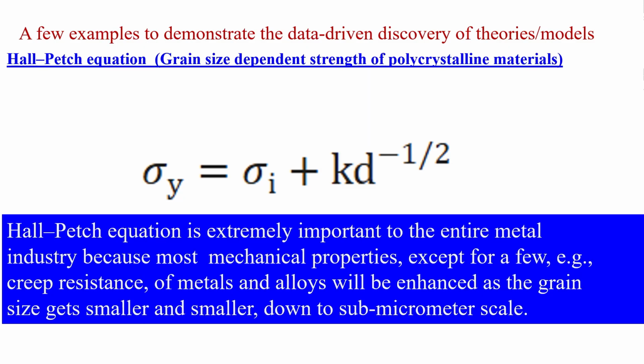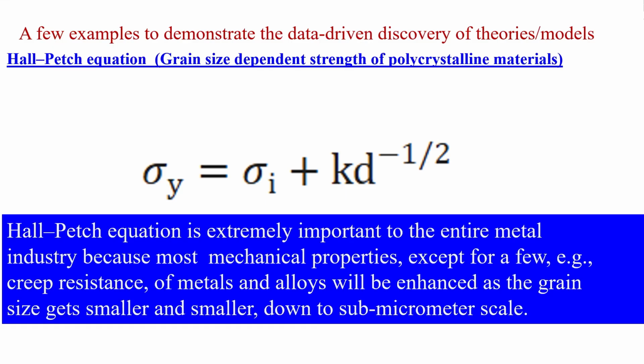This is extremely important to the entire metal industry, because most mechanical properties, except for a few like creep resistance, will be enhanced by simply reducing the grain size to the sub micrometer or nanometer level. So, this equation can also be fitted using data science, but this is a very fundamental equation.